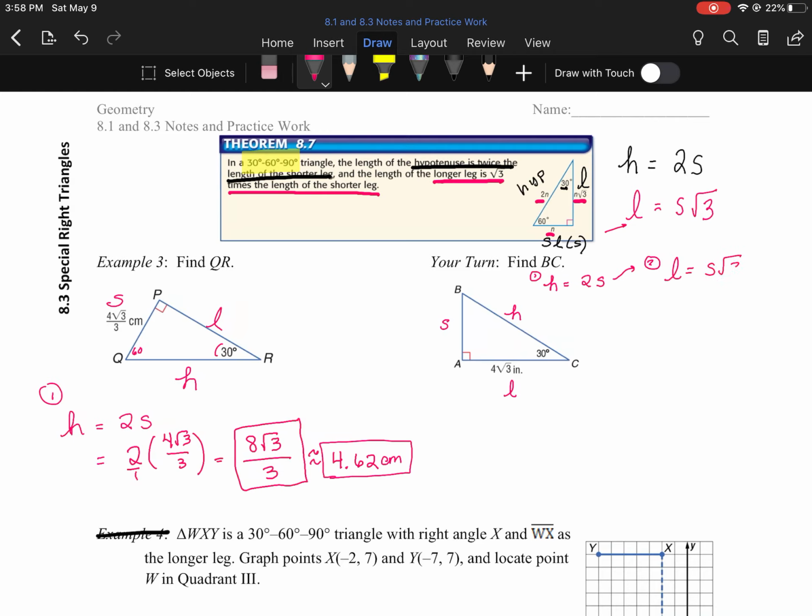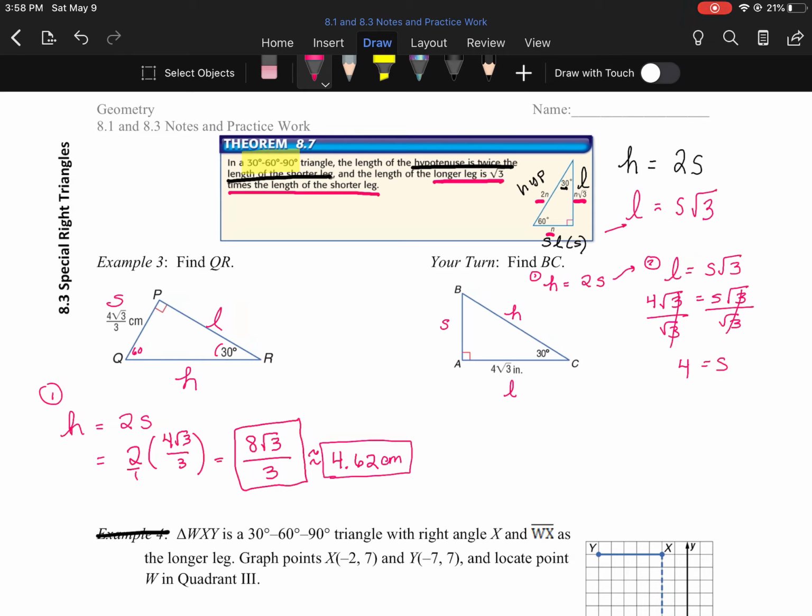The long leg is equal to the short leg times the square root of 3. I don't know the short leg, but we do know the long leg, so I can substitute 4 root 3 in for that. Then all we have to do is solve for s. Some of you were thinking, Miss Egger, I could have just looked at the triangle above, and that is 100% correct. So we end up getting that s is 4.